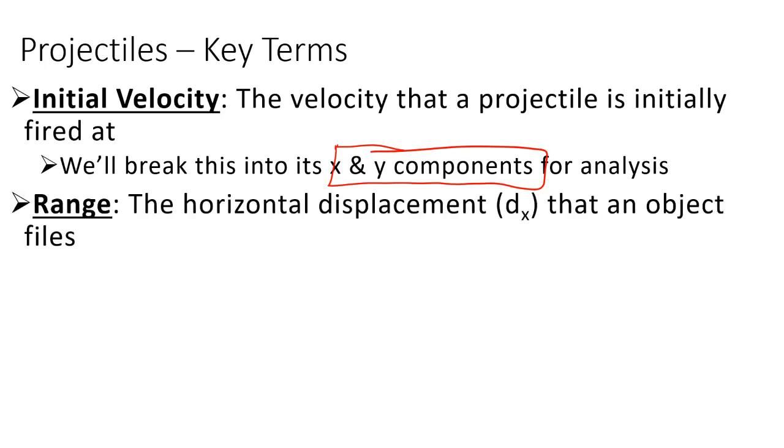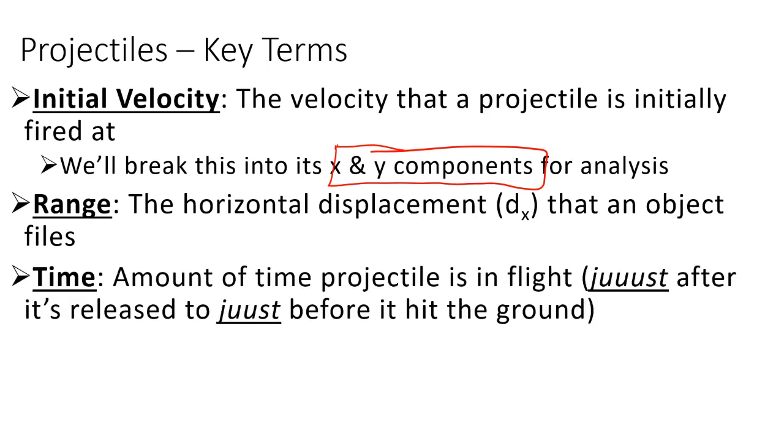When we're talking about range, that just means the horizontal displacement, or d with the subscript x, and I'll explain that more in the next couple of slides. And then there's the amount of time a projectile is in flight, just after it's released, just before it hits the ground. So we're still analyzing two snapshots of an object's motion.